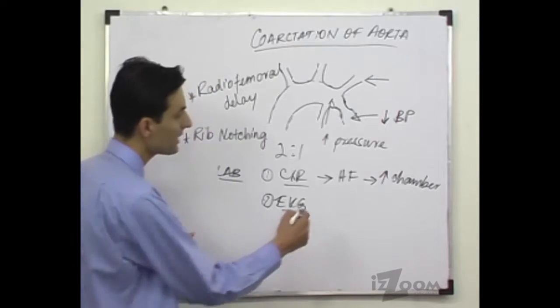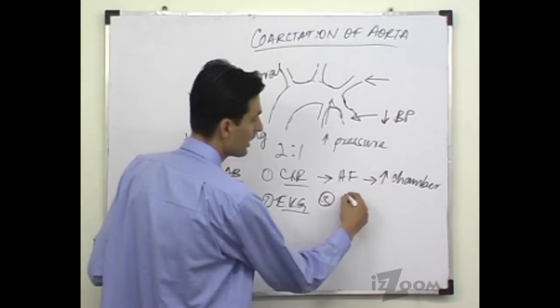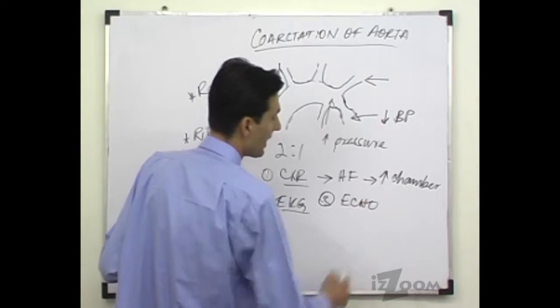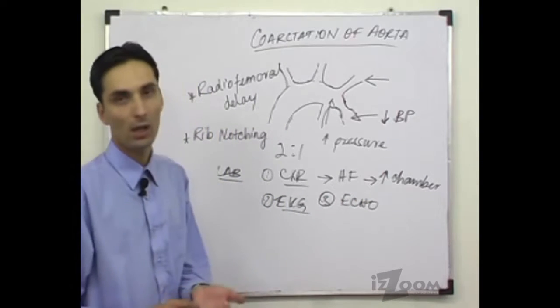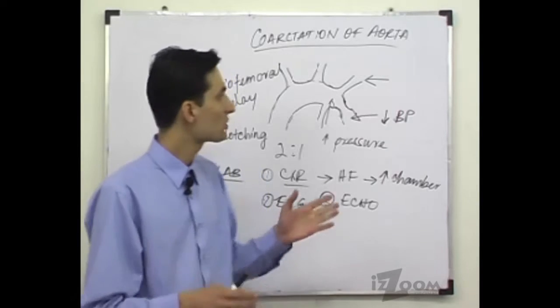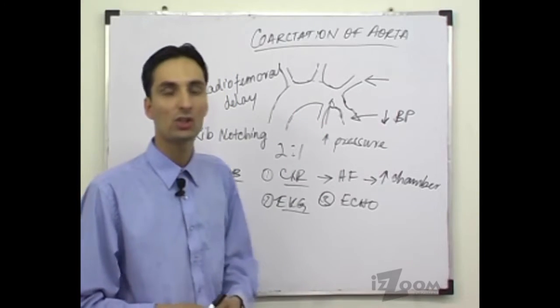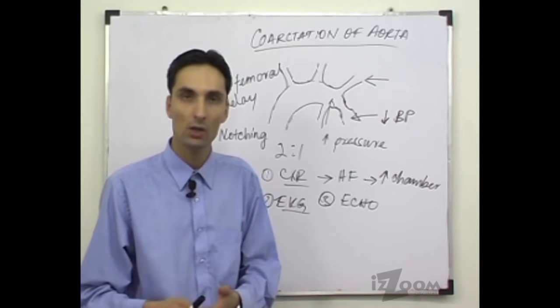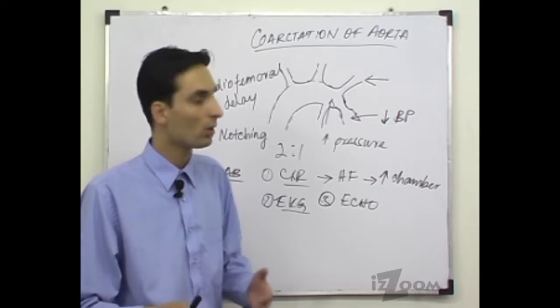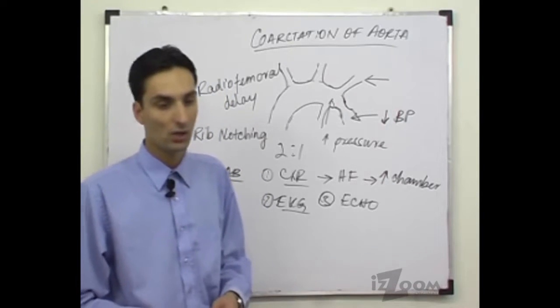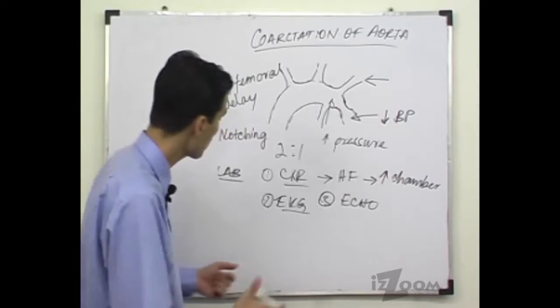The definitive diagnosis of coarctation of the aorta can be made by doing an echo. An echocardiography will give you the site of narrowing, and will also tell you if there is a patent ductus arteriosus coexisting with it or not. So the definitive diagnosis rests upon an echo. What is the treatment?